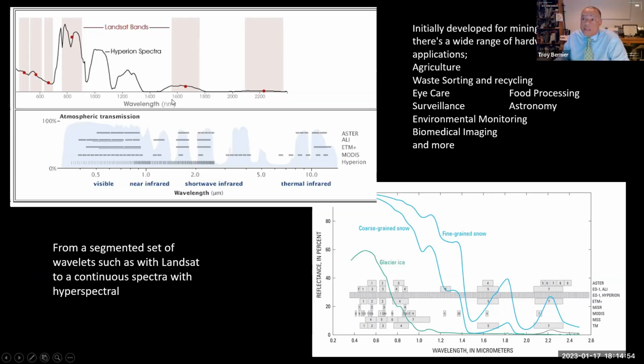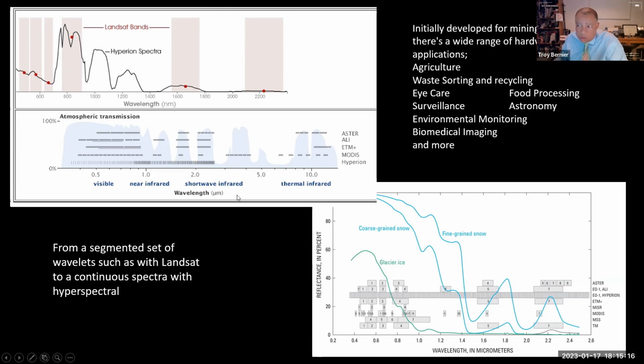To look back at these comparisons, the Landsat bands are these strips here, whereas in hyperspectral, such as the Hyperion satellite, the EO1, it's a continuous spectra. So you don't end up with just jots of information. You end up with a long curve that represents the whole wavelength.